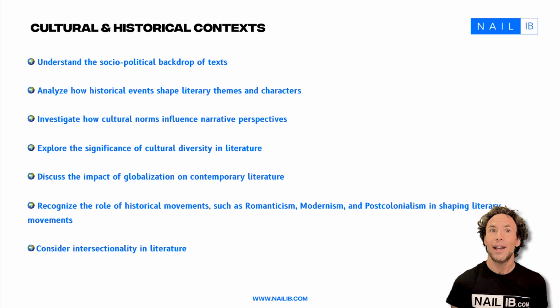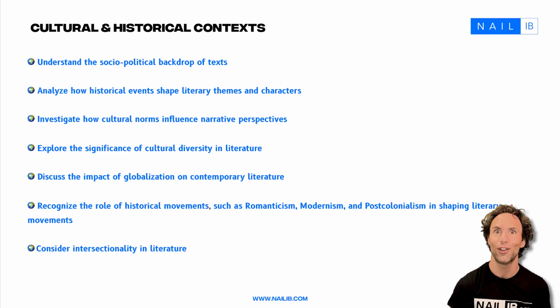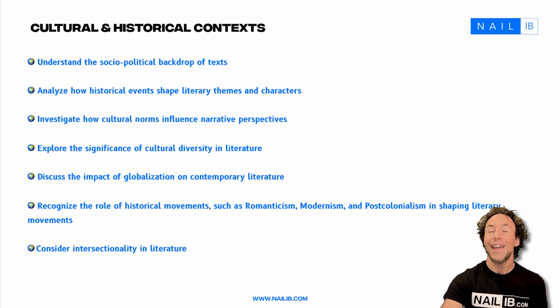It really allows history to shape the narrative of a text and to shape the perspectives of us reading the text and the author writing the text. And so by analysing this impact, we will gain insight into the ways in which history informs storytelling and the way that history shapes our perceptions of a story.